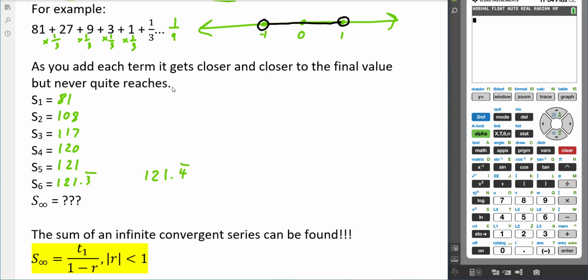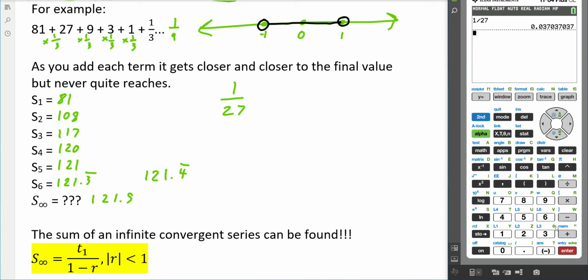You can see that the difference between every term is beginning to get smaller and smaller. So we can probably guess that it's going to be somewhere around 121.5. I'm just going to guess. We can try it again, just add it again. So 1 divided by 27.